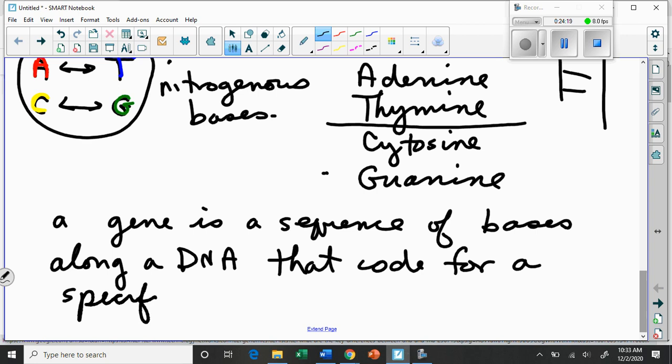Every protein in our body that our body makes has a code, and all those codes are contained in the DNA as orders of letters for a specific protein molecule. So it's like an instruction book on how to build proteins.